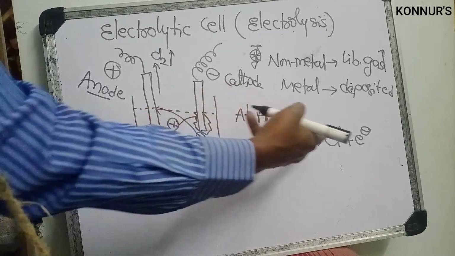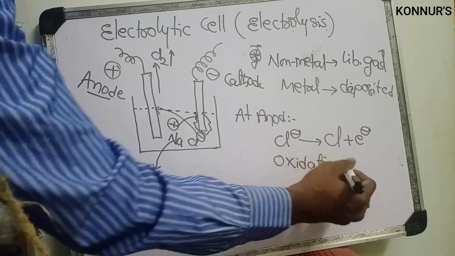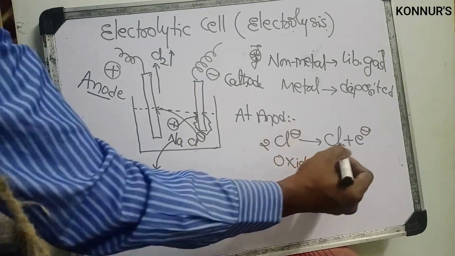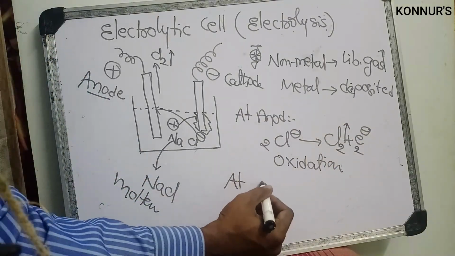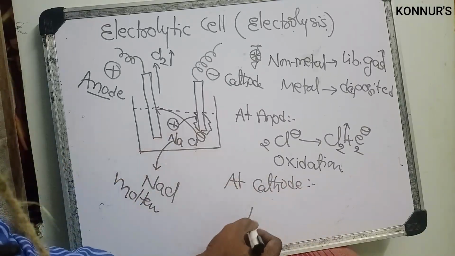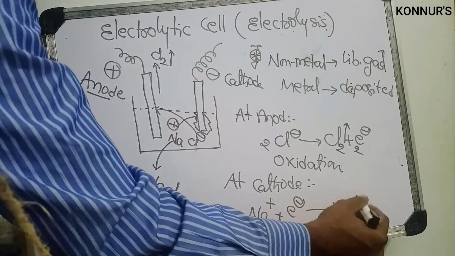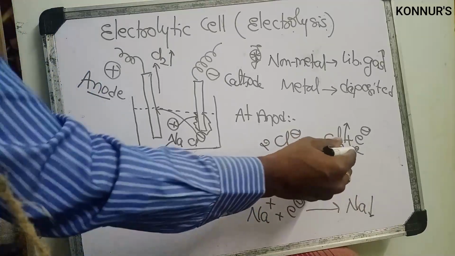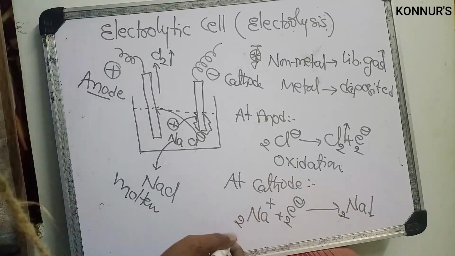Here loss of electron takes place, so it is called oxidation. For balancing, you take 2 moles, Cl2 gas comes outside, with 2 electrons. Next, at the cathode, what happens? Na plus absorbs an electron and becomes sodium metal. For balancing, 2 electrons are needed, so you take 2 moles. Here gain of electron takes place, and gain of electron is called reduction.